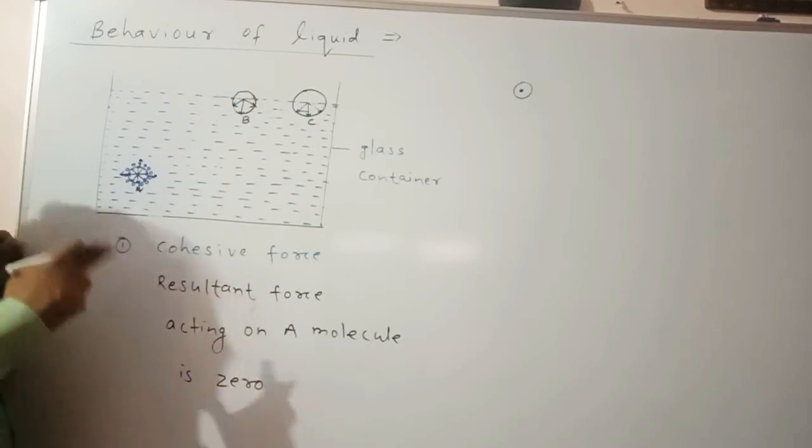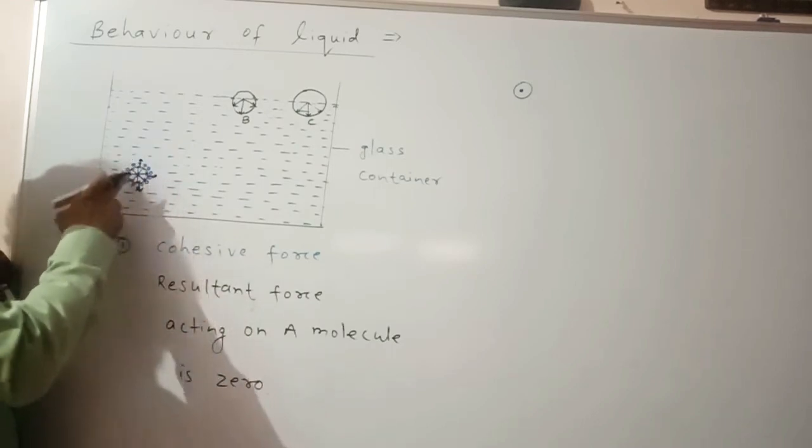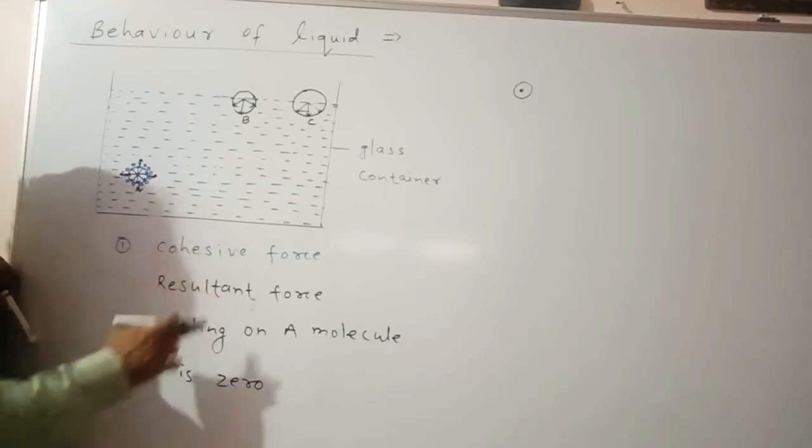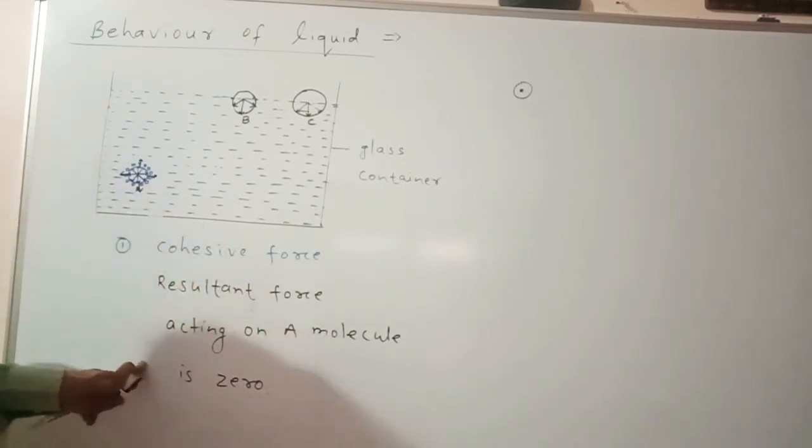Why is the resultant force 0 here? Because this A molecule is attracted equally in all directions. So therefore the resultant force will be 0 here.